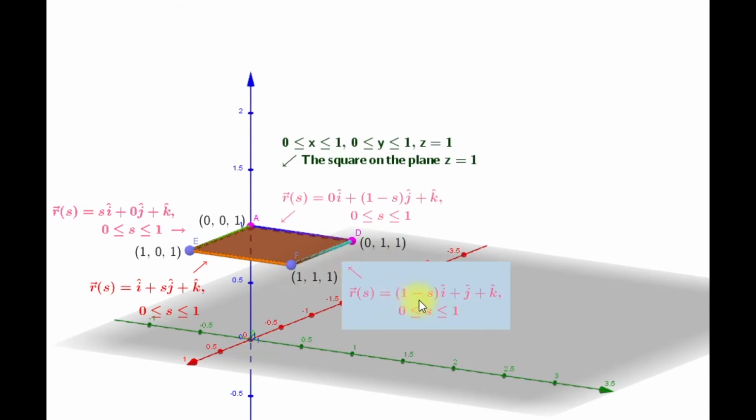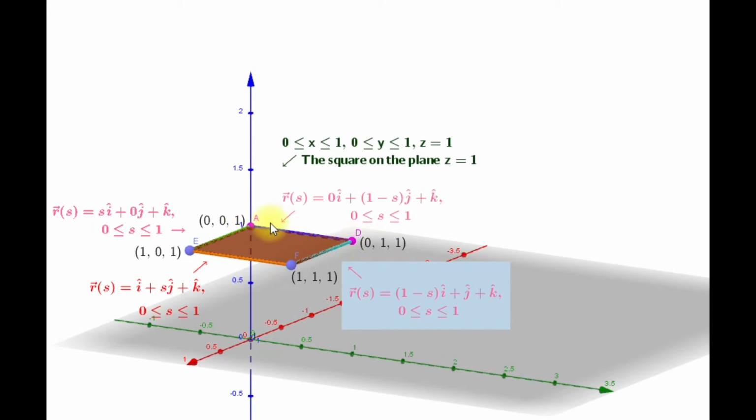So we take 1 minus s here, and s varies from 0 to 1, so that when s is equal to 0 this becomes 1, so i plus j plus k, that corresponds to this point. When s is equal to 1 we reach this point, because we have 0 i plus j plus k, which corresponds to the point 0, 1, 1.